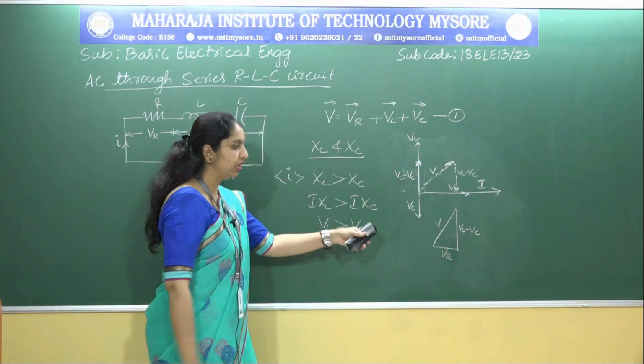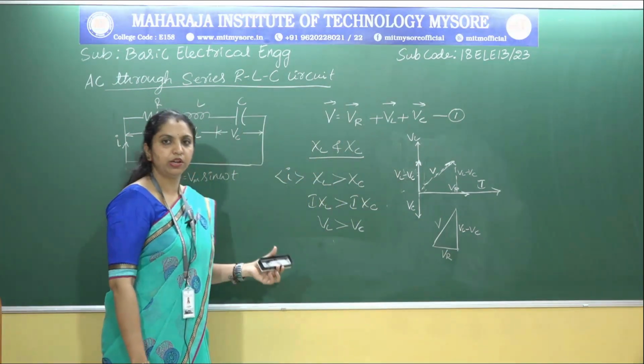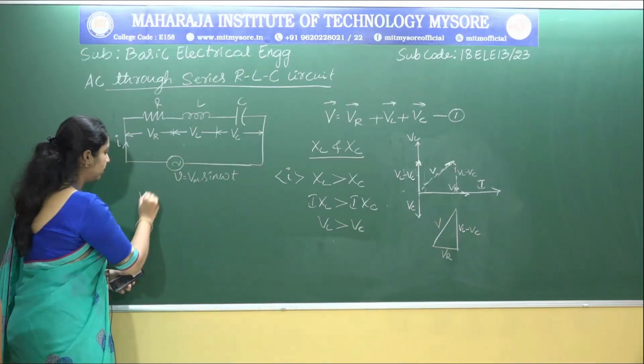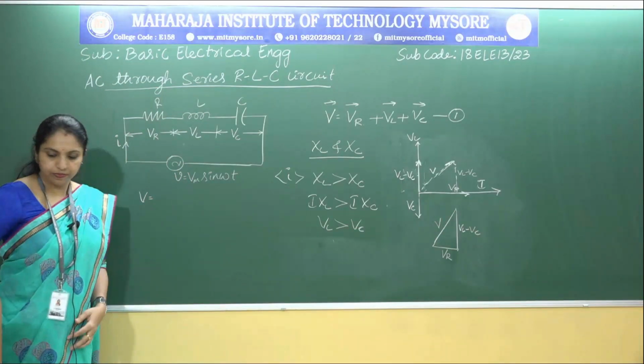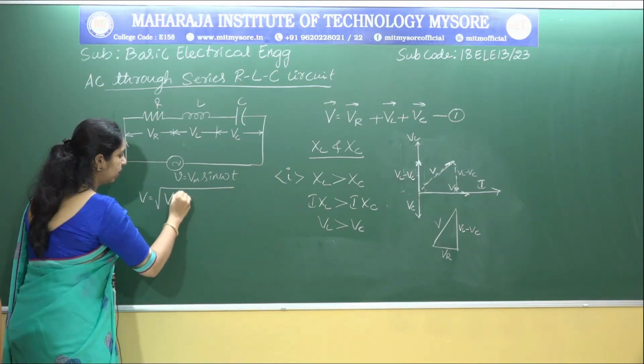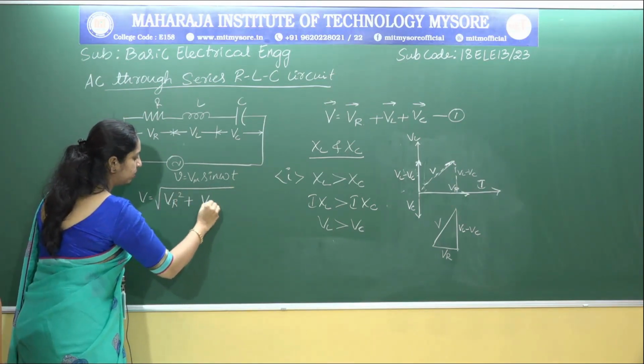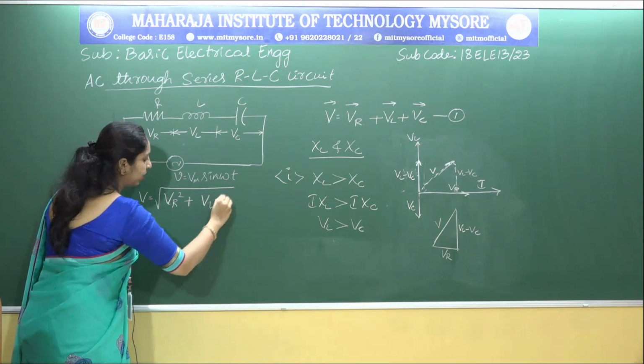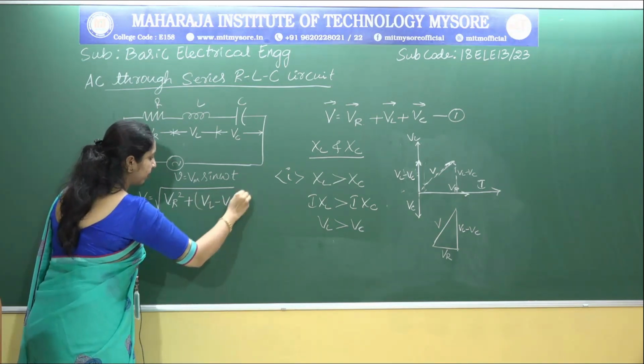Now based on the voltage triangle, we have the equation V is equal to the square root of VR square plus VL minus Vc whole square.